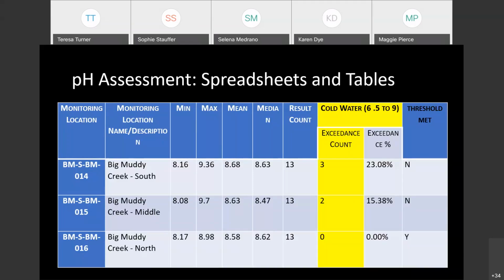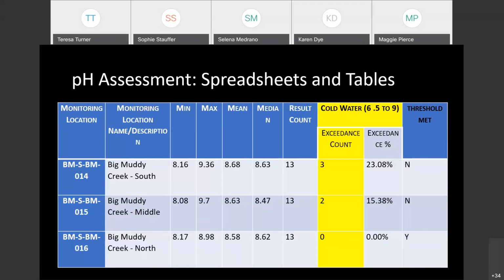But sometimes, to tell a story and make a decision about whether an impairment exists or not, you don't have to go that route. You might just want to generate a spreadsheet and a table if you're comfortable with those types of presentation materials. In this example, this is a pH example. We've got 3 monitoring sites, and we've got some summary statistics about the data that were collected at those sites.